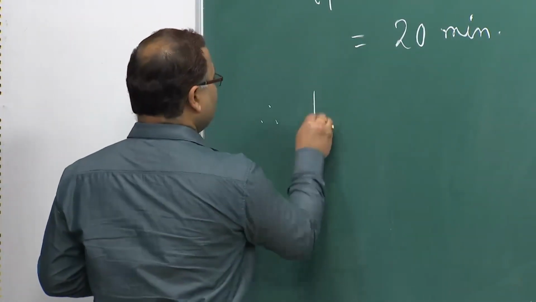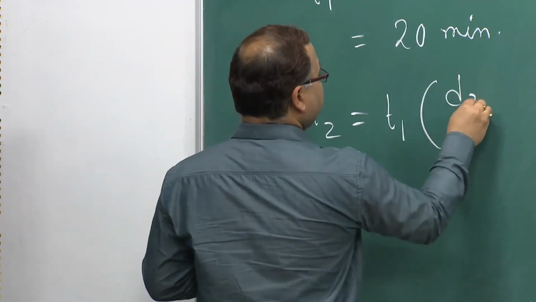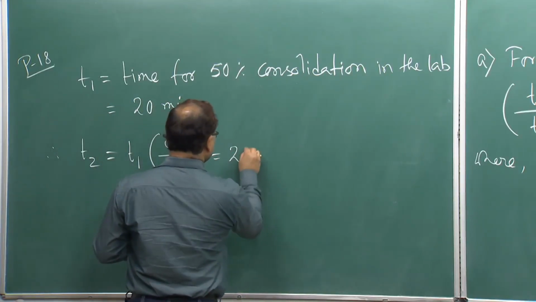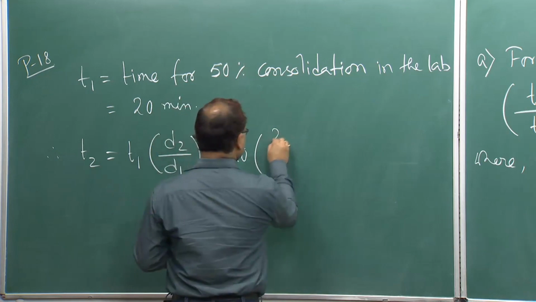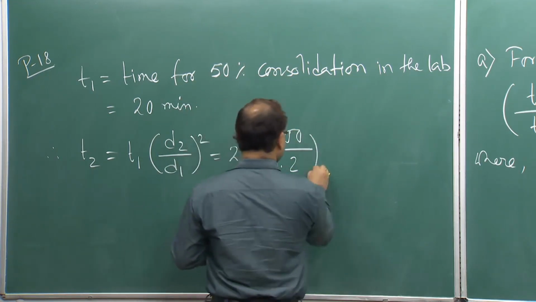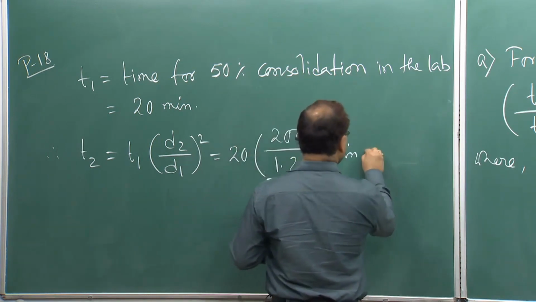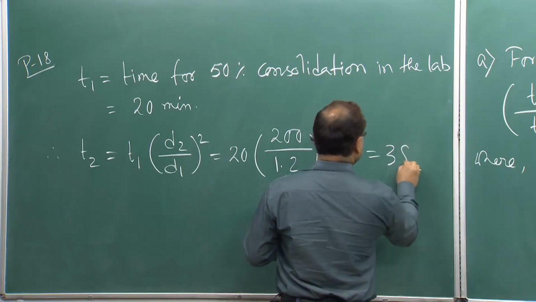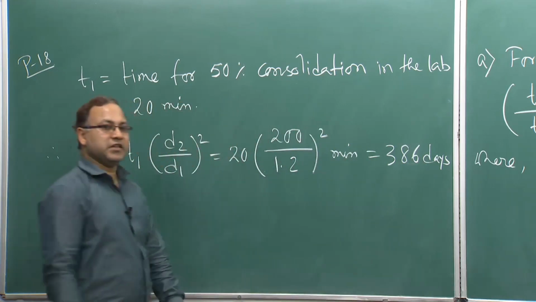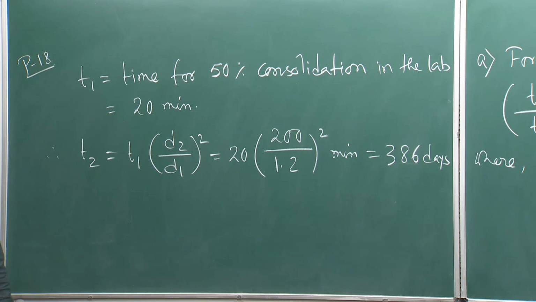Therefore, I can write T2 is equal to T1 into D2 by D1 whole square, equal to 20 into 200 divided by 1.2 whole square minute, that comes as 386 days. If you convert the minutes into days, it comes as 386 days.